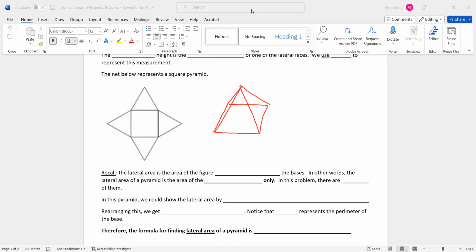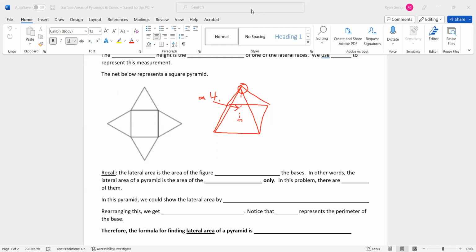So imagine I cut a hole right here at the top of the pyramid, and I dropped a line straight down to the bottom. That's the altitude. It is not on the net. The net is right here. I cannot draw the altitude on the net.